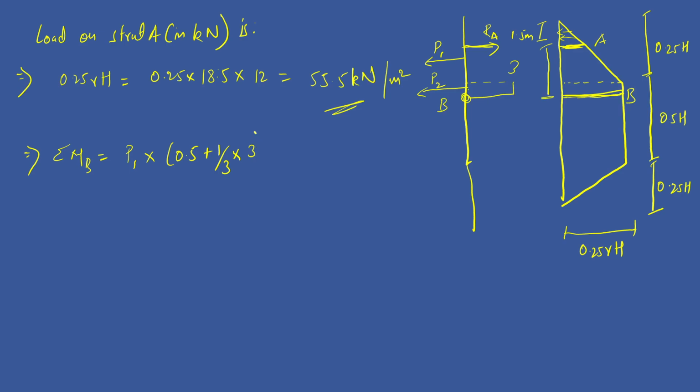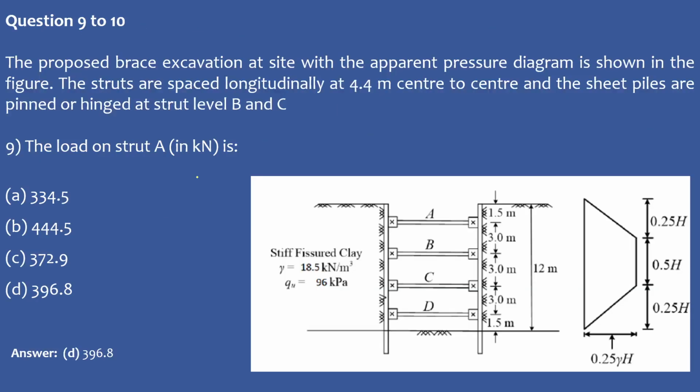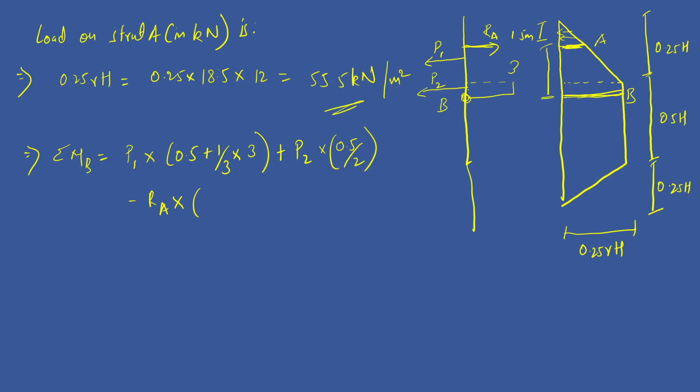Then you are having the P2 which is acting at 0.5 by 2, and then you are having the RA which is acting in negative direction, located at a distance of 3 meter. It's exactly at 3 meter between RA and RB. So this is equal to 0, right?